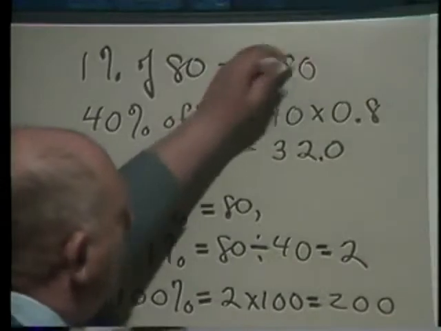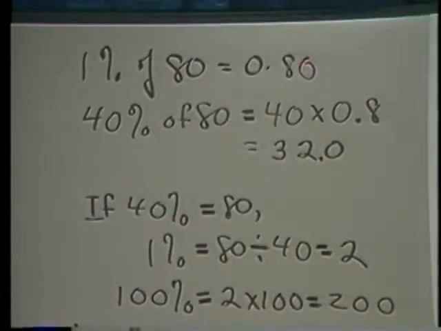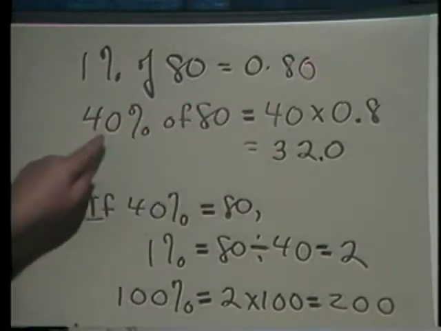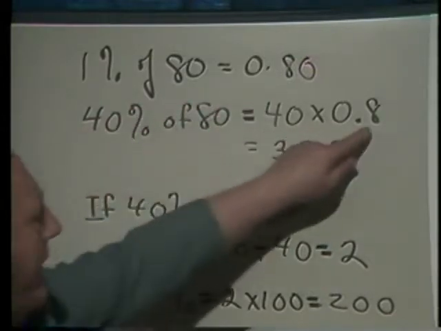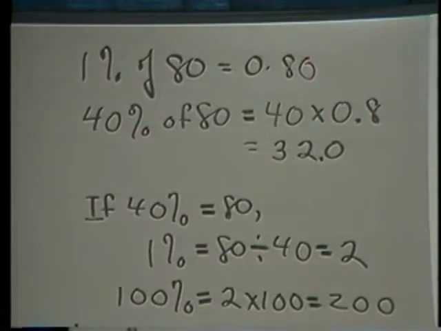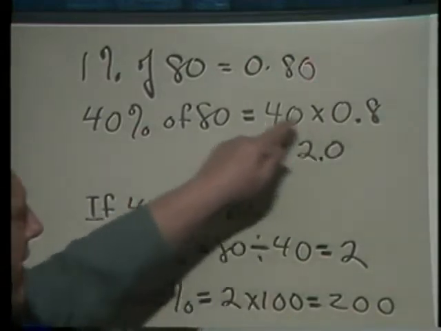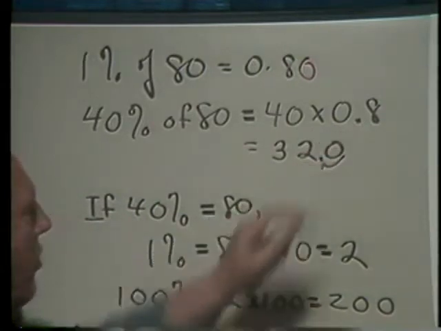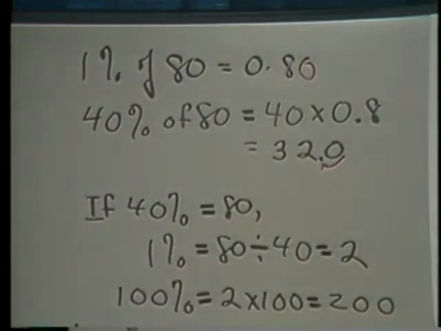Technically, 0.80, but you don't need that in there. It's only a placeholder. So if 1% is 0.8, 40% is going to be 0.8 40 times. And 0.8 40 times, see, 8 times 40 is 320. There's 1 digit to the right of the decimal point. You move that in here, the answer is 32. Same thing with part B.